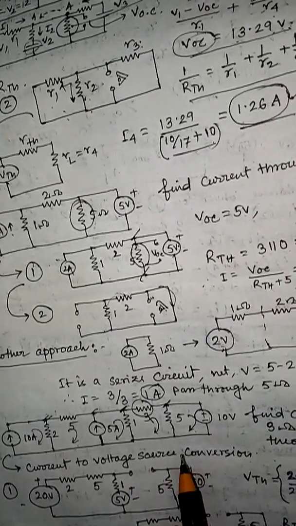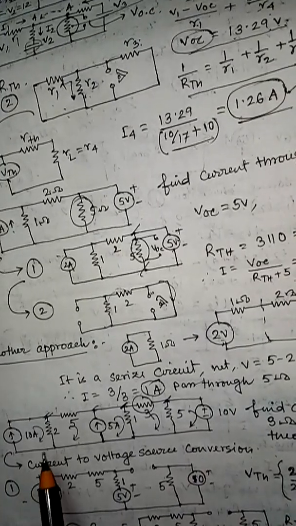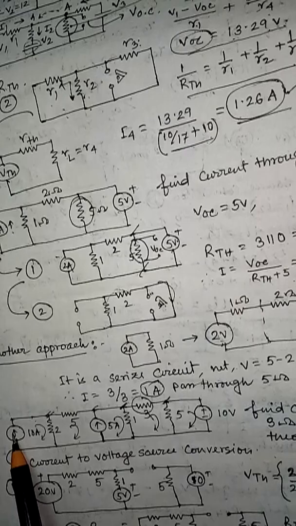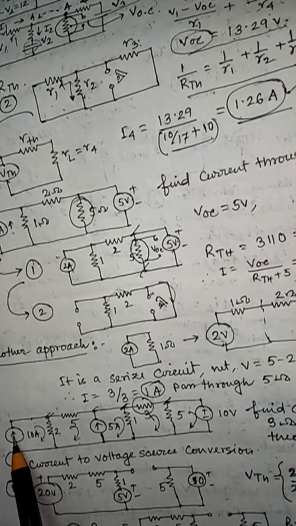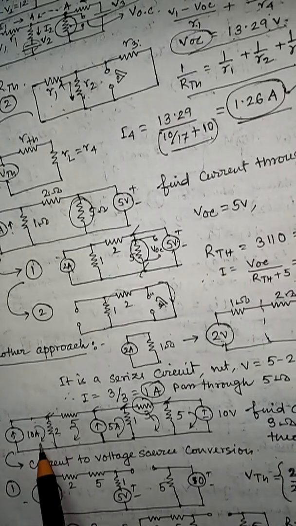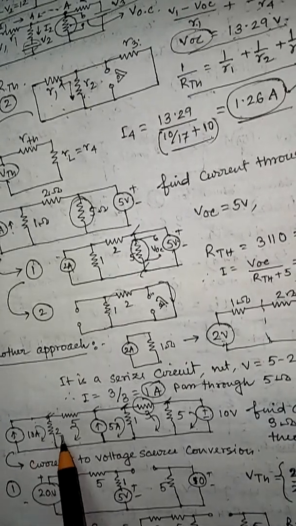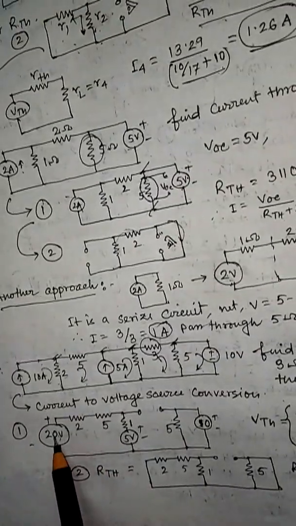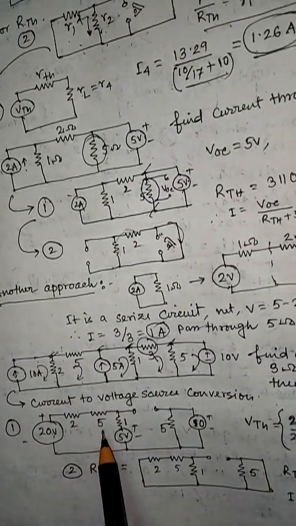But if it is given in your question that you have to use Thevenin's theorem only, then what you can see here is 10 and 2, which are parallel to each other, so they can be converted to a voltage source of 20 with a series of 2. I did it: 20 with series of 2, and that 5 is already there.